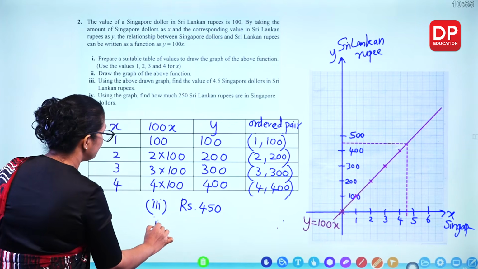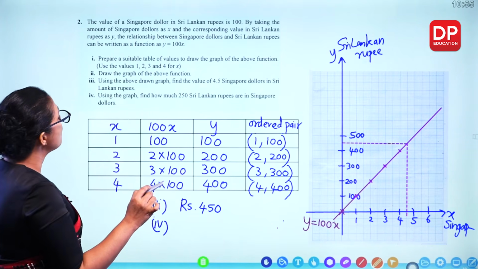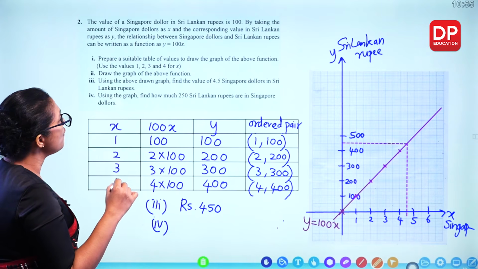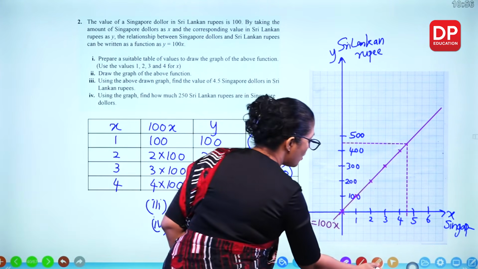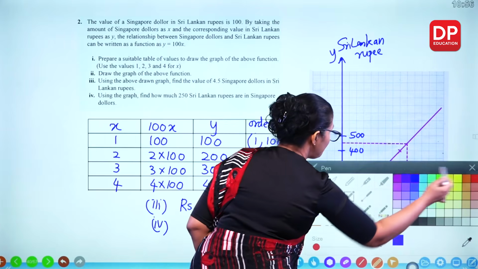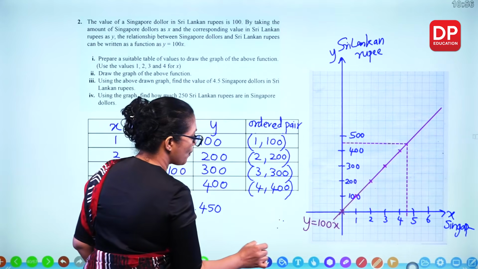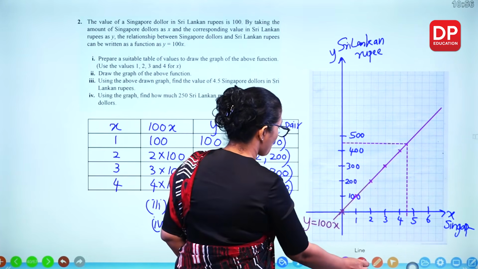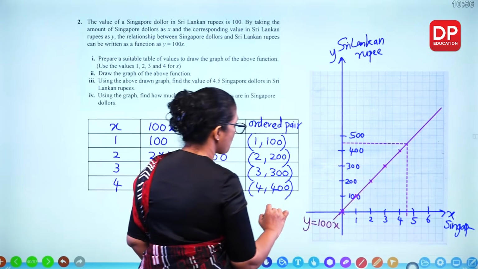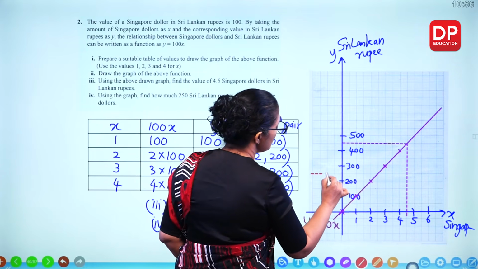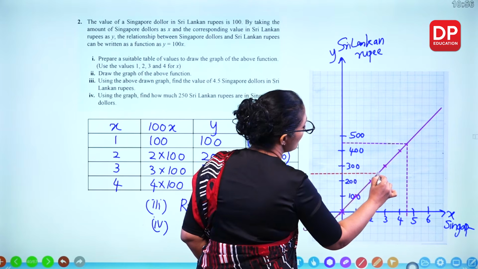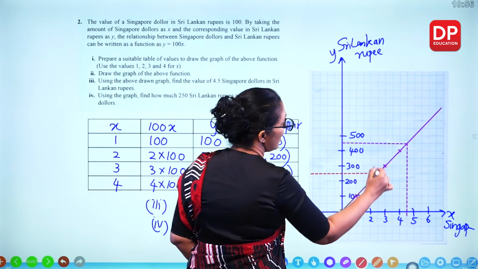Part 4. Using the graph, find how much 250 Sri Lankan rupees are in Singapore dollars. Now, the other way around. 250 Sri Lankan rupees means this line. Now, it cuts the line here.